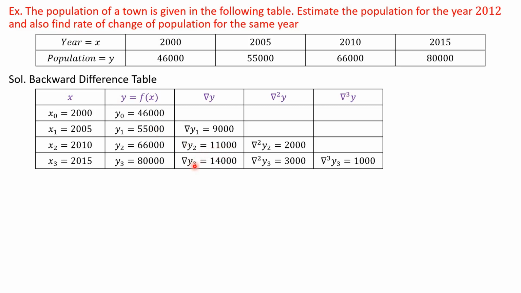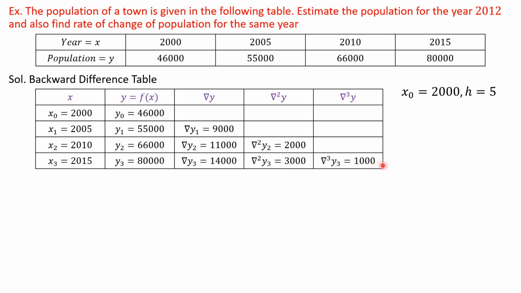Then del y3 is y3 minus y2, and it is 14,000. Similarly, the next column will be second order differences. Del square y2 is 11,000 minus 9,000, that is 2,000, and del square y3 is 14,000 minus 11,000, which is 3,000. And the third order difference, del cube y3 is 3,000 minus 2,000 equals 1,000.